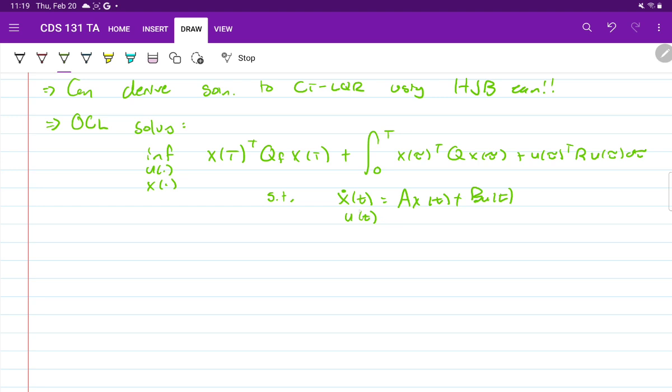There should be an x(0) equals x naught.